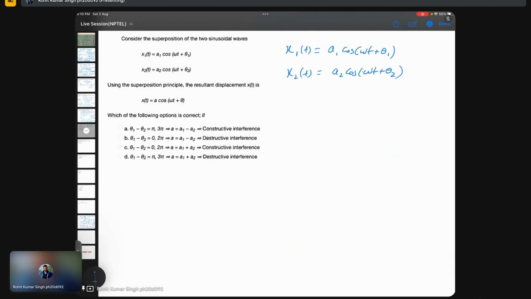Okay, and using the superposition principle, you know that we get this wave function, right? Now there are these options, which have different conditions.